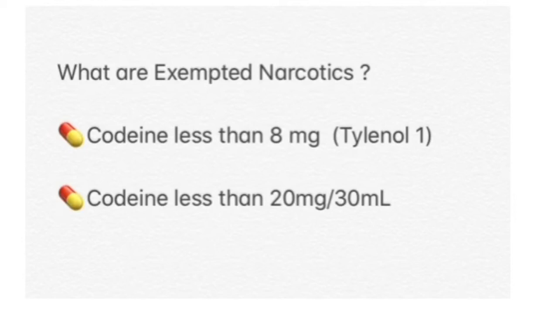You can simply ask the pharmacy technician for Tylenol number 1, which is an example of an exempted narcotic because it has codeine, 8 mg. It doesn't require any prescription. This is a Schedule 2, behind-the-counter medication. So if somebody asks for Tylenol number 1, pharmacist intervention is required, but a prescription is not required.